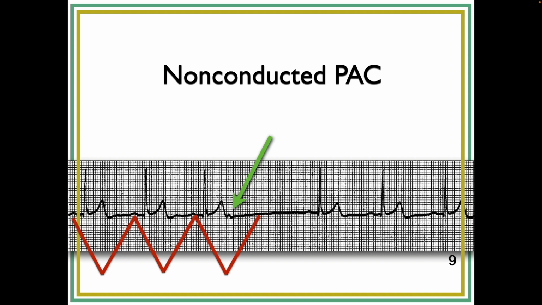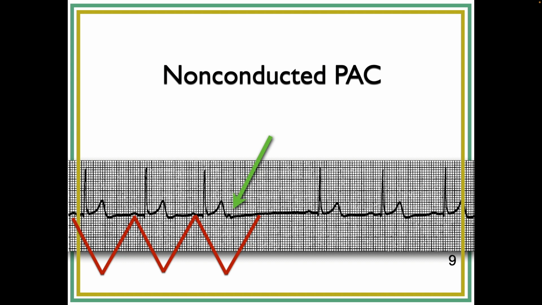Let's say that this pause right here was long enough. Would that be enough for an escape beat to happen, or would it normally not happen? Well, yes and no. Not because of the PAC. It would be unlikely that a PAC would cause that.